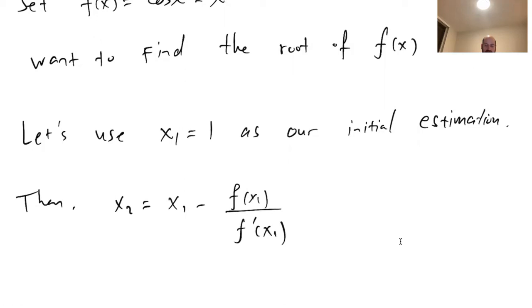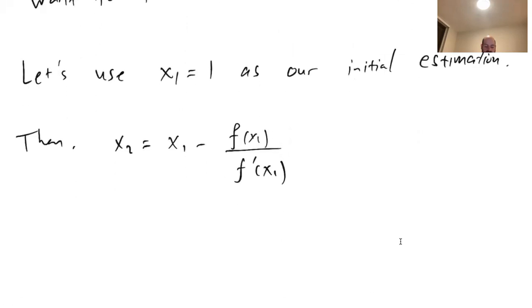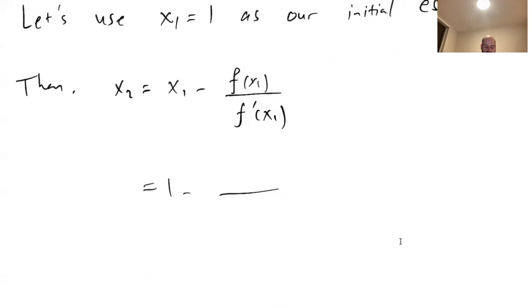Remember the Newton's method formula: x(n+1) is xn minus f of xn over f prime of xn. So that's going to be 1 minus f of x1, meaning cos 1 minus 1, divided by f prime of x1.